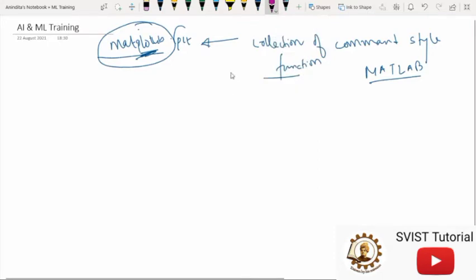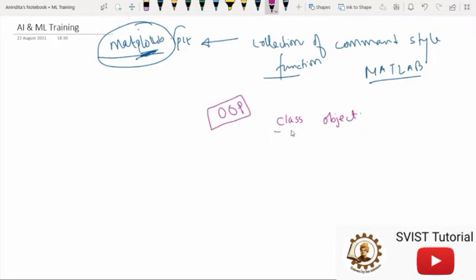So now we have to talk in more detail. I have already explained that Python is object-oriented programming. Whenever I am talking about object-oriented programming, we know that we have the concept of a class and the concept of an object. And we know how to define an object. Always an object will be defined in terms of a class. Means I can say that the data type of an object is a class.